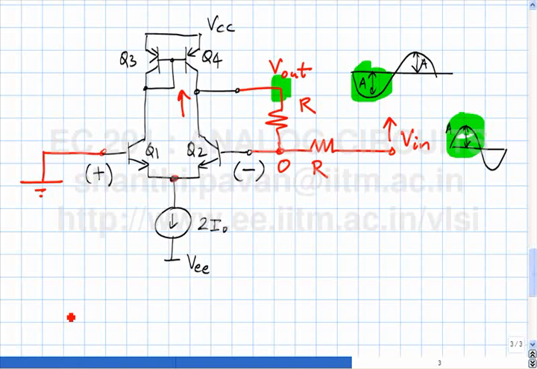On the other hand, the negative part of the sine wave is okay. And the reason why that is happening, if you think about it a little carefully, is the following, which is the lowest that this potential can go to is the base of Q2.